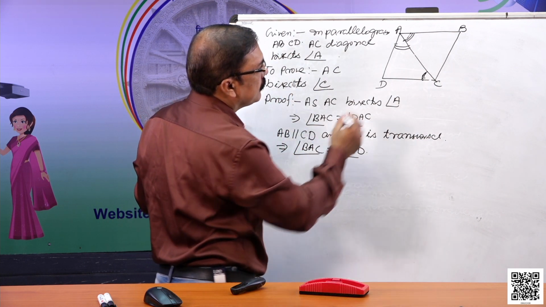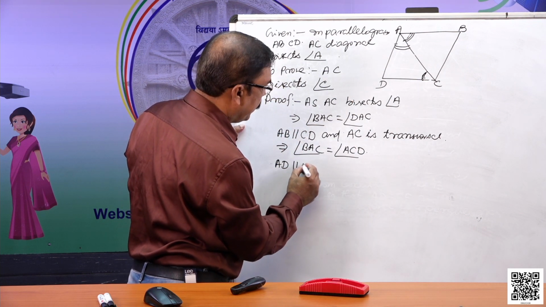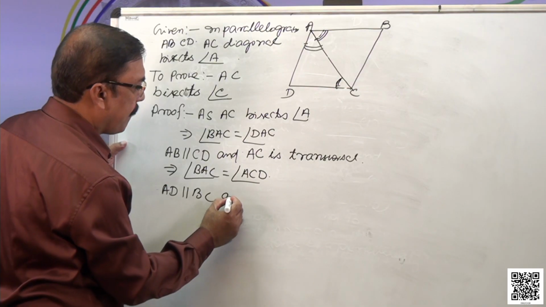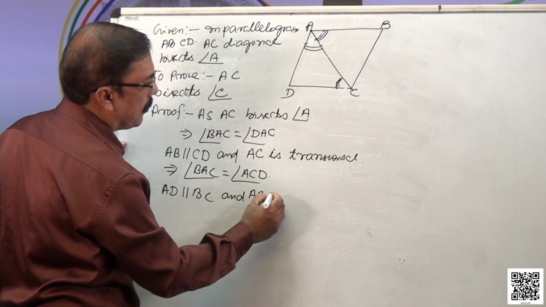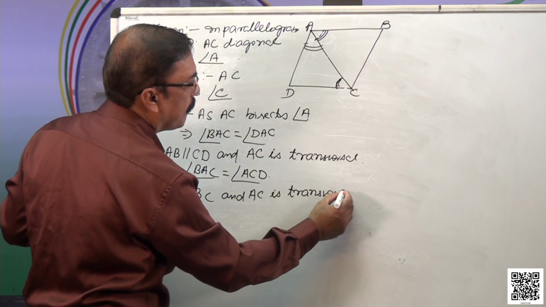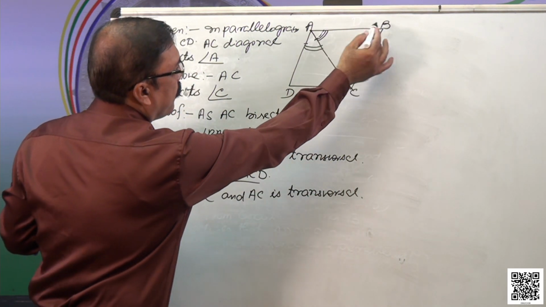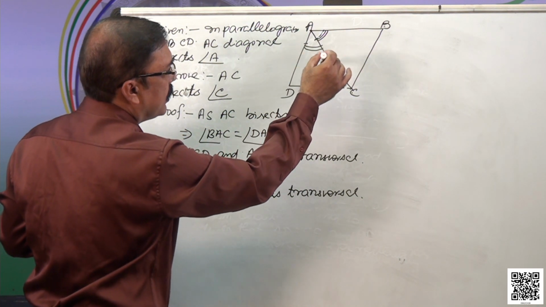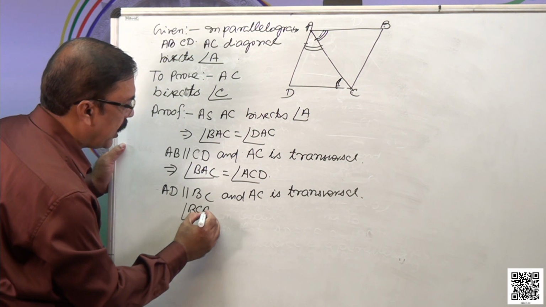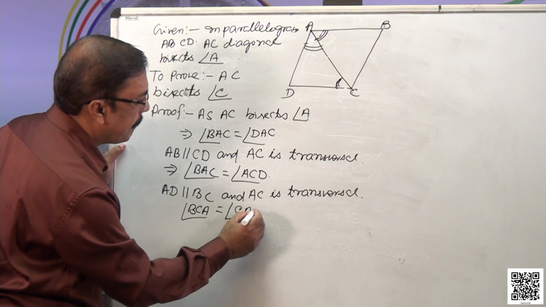Again, AD is parallel to BC and AC is the transversal. Then angle BCA is equal to angle CAD.